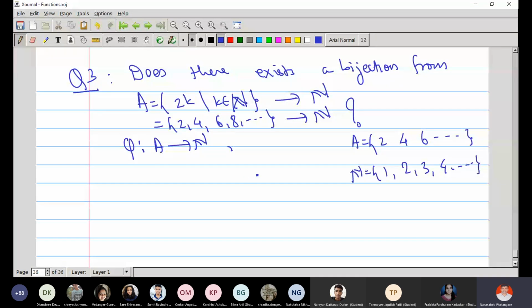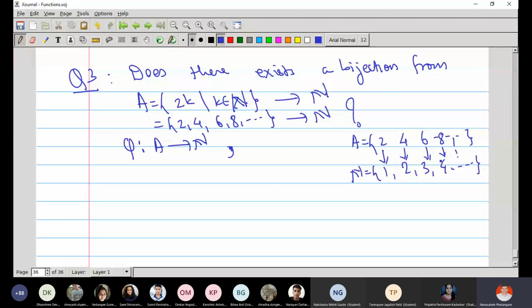There could be different functions, no problem, but what is the easiest? If we map 2 to 1, because I want a map from A to N, then 4 to 2, 6 to 3, then 8 to 4. This is a natural way.